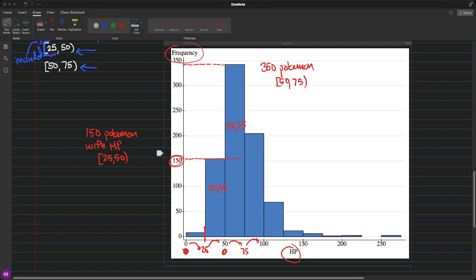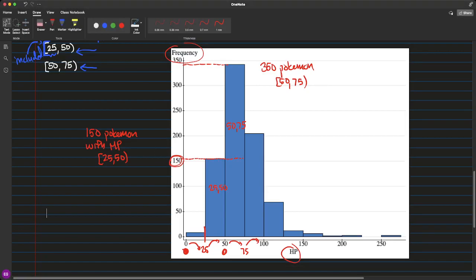Okay. There's one more graph that we need to learn about, and it's called the stem plot. Let me go back to StatCrunch, and I'll show you how it works.